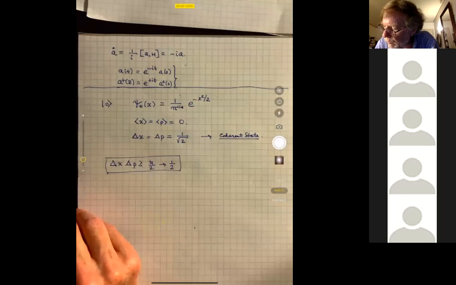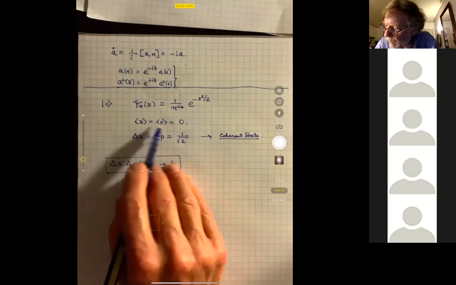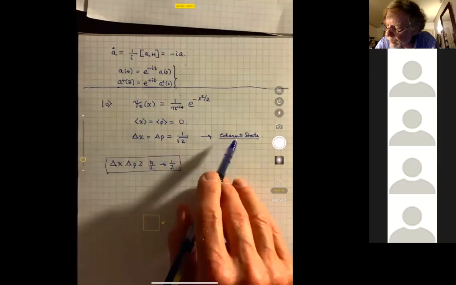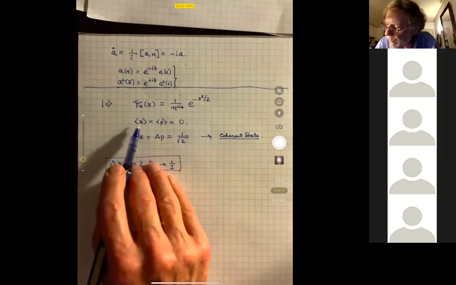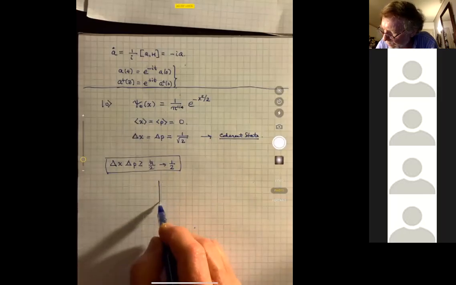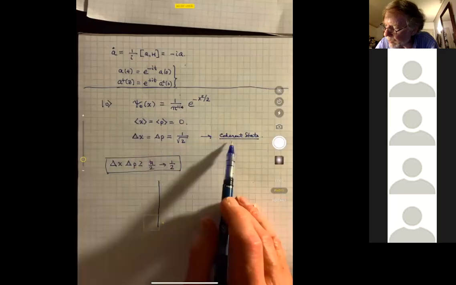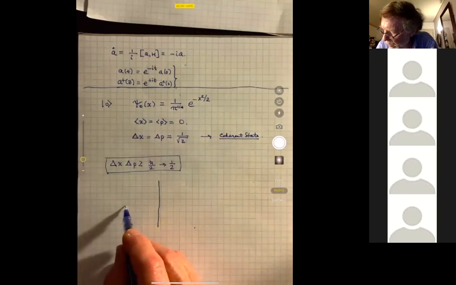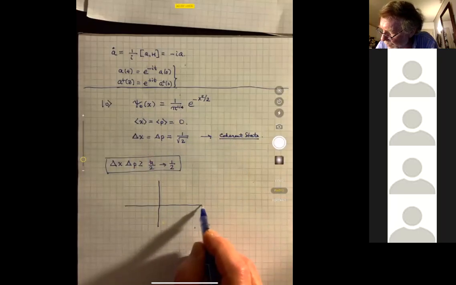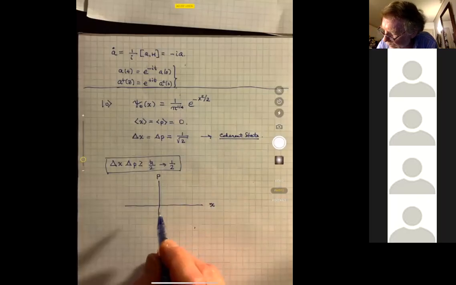However, it's not the most general coherent state because the expectation values of x and p are both equal to 0. In general, coherent states have different expectation values of x and p other than 0, and I'll get to that in just a minute. But in any case, what this is saying is that the ground state of the harmonic oscillator actually is a coherent state.